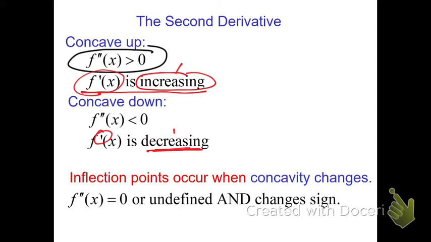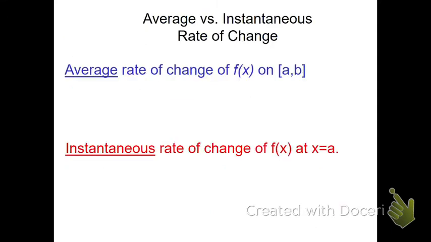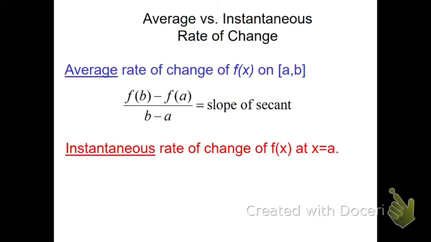All right, the other thing that you should already know is the difference between average rate of change and instantaneous rate of change. Average rate of change is basically your estimated derivative or your algebra 1 slope. And it's the slope of the secant connecting the two endpoints on that graph. Whatever the endpoints are, you connect those.